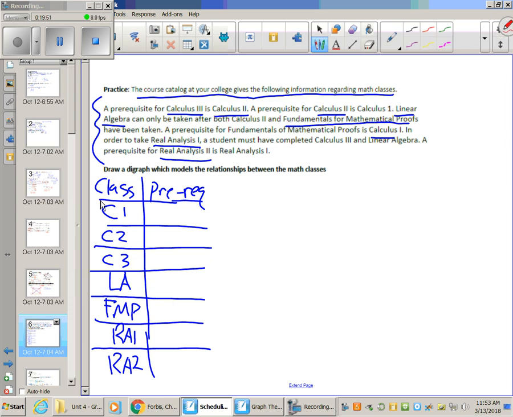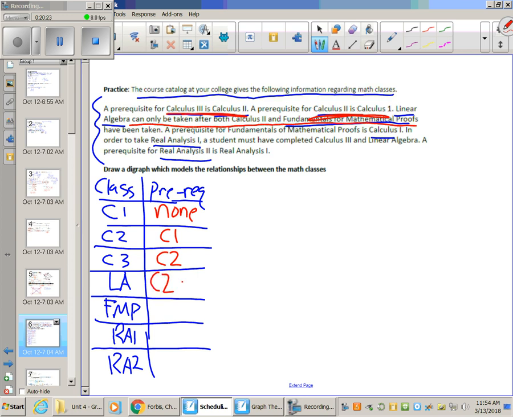Okay, for Calc 1, I'm not seeing any prereqs in here. Maybe what you took in high school, but no calc prereqs. So none. All right, Calc 2 though, you've got to take Calc 1 before you take Calc 2. So C1. In order to take Calc 3, you've got to take Calc 2. So C2 for that one. What about linear algebra? Linear algebra can only be taken after both Calc 2 and fundamentals of mathematical proofs.